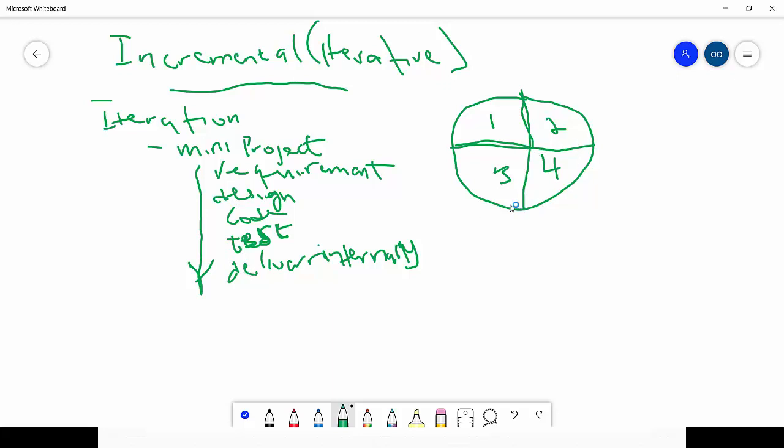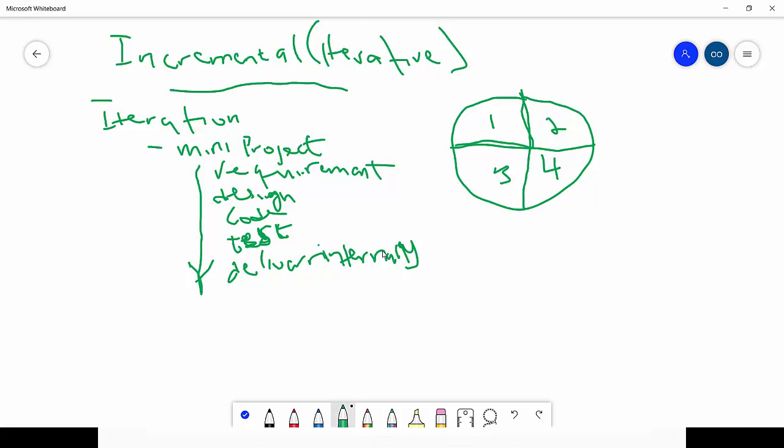Then we move to 3. We will iterate through the phases. We'll create 3. We move to 4. We will iterate through the phases, and now we have the whole pie. Okay, so that's like the gold standard. That's the best practice for any process model or for any life cycle model.